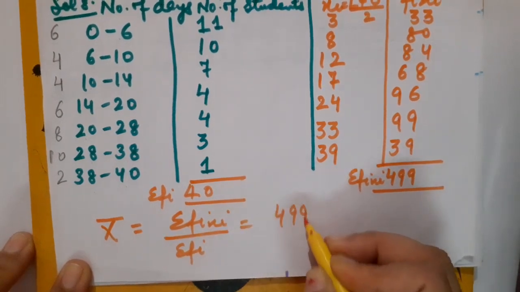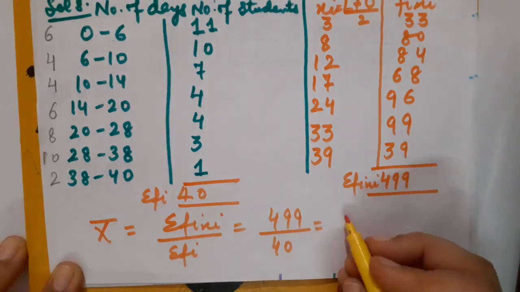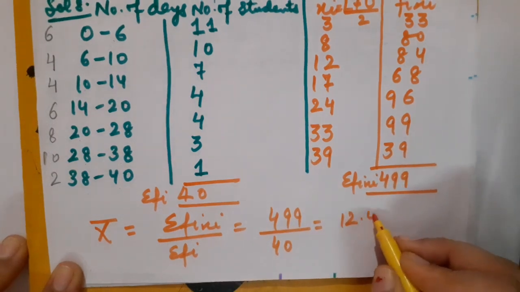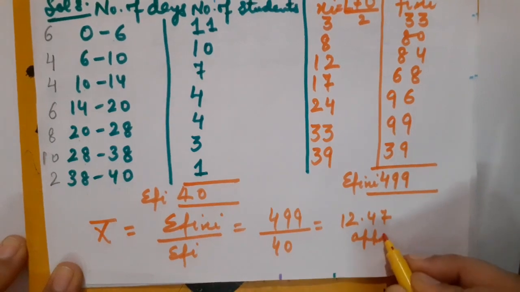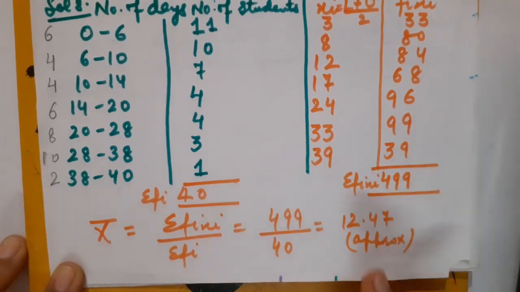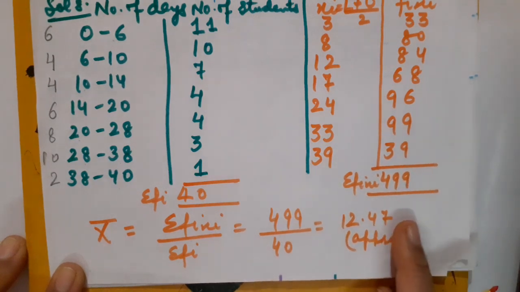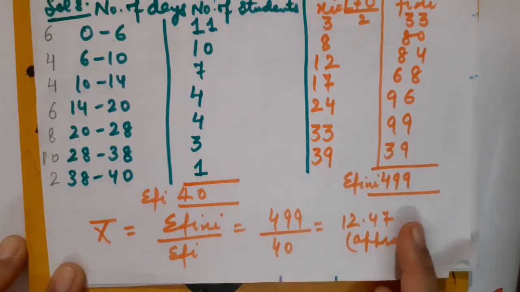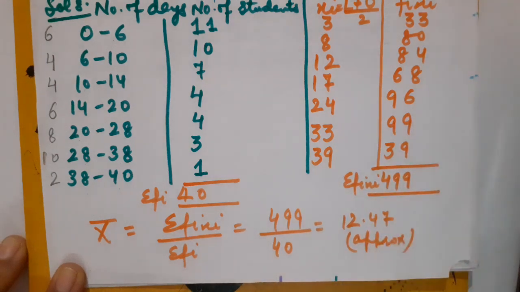That is 499 divided by 40. Children, when I divided it, I got 12.47 approximately. Correct? So this is the average, or you can say the arithmetic mean, of the number of days that a child remained absent. Got it?